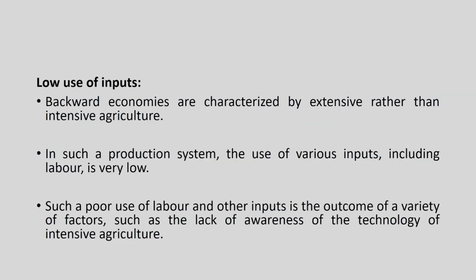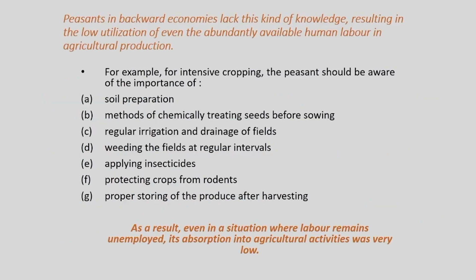When I say low use of inputs, I mean backward economies are characterized by extensive rather than intensive agriculture. In such a production system, the use of various inputs including labor is very low. Such a poor use of labor and other inputs is the outcome of a variety of factors, such as the lack of awareness of the technology of intensive agriculture.